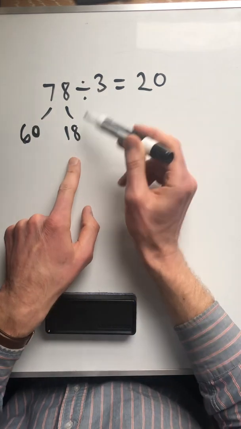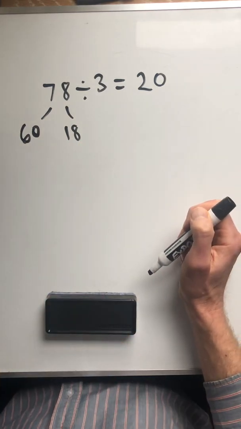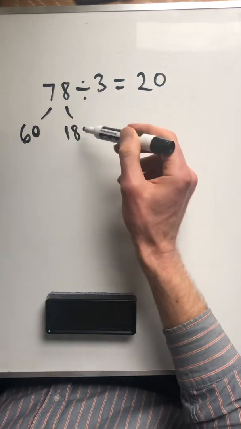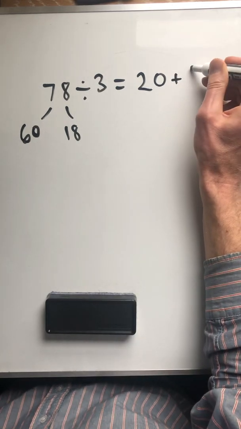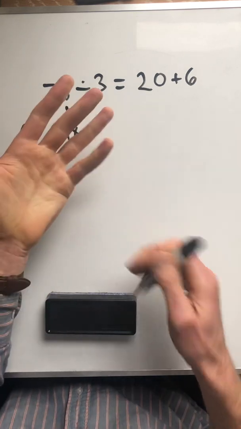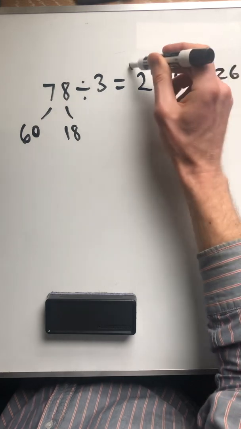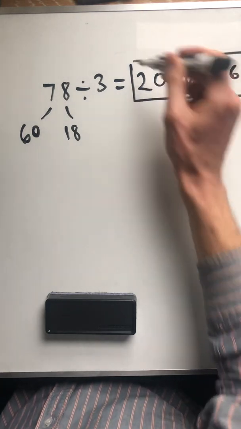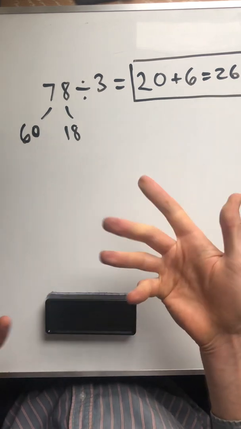And now we can divide the 18 by 3 and we'll get the answer. What's 18 divided by 3? Well, hopefully you just know 3 times what equals 18? It's 6. 3, 6, 9, 12, 15, 18. And then you add them together and you get 26. So it's an interesting way that you can use eventually to do this in your head.